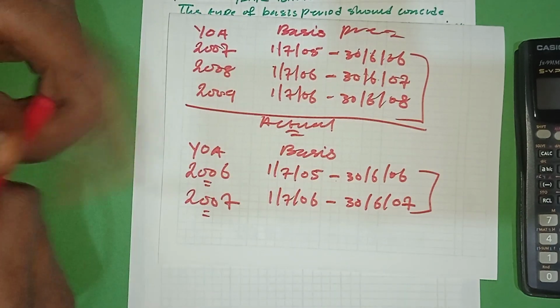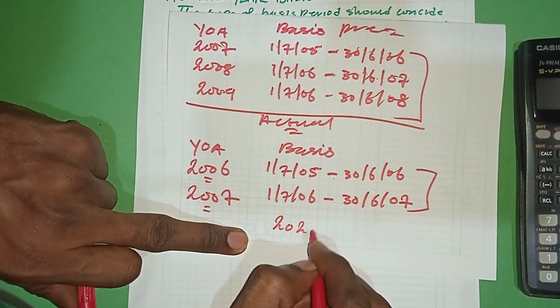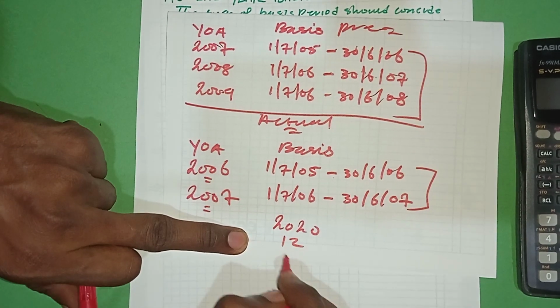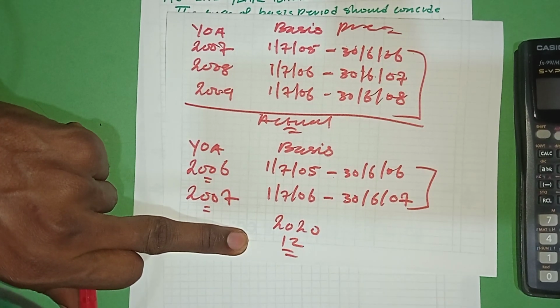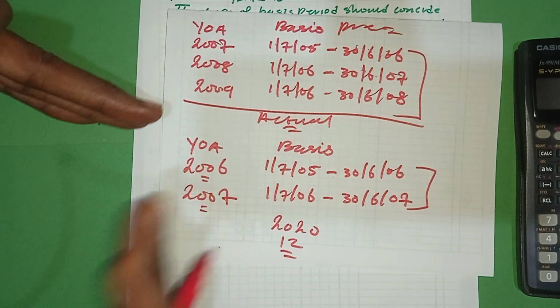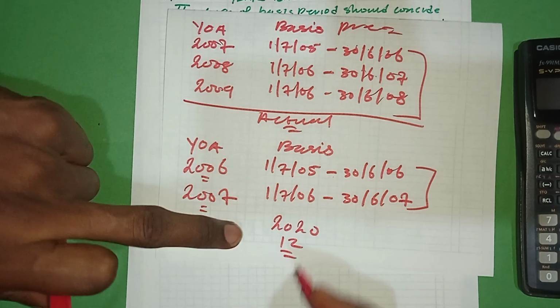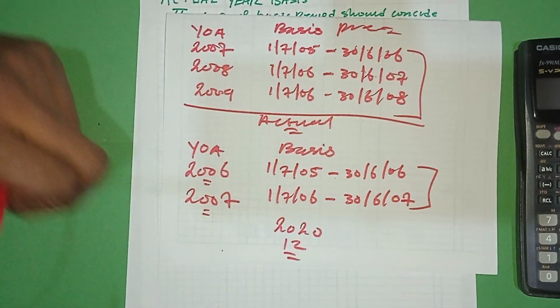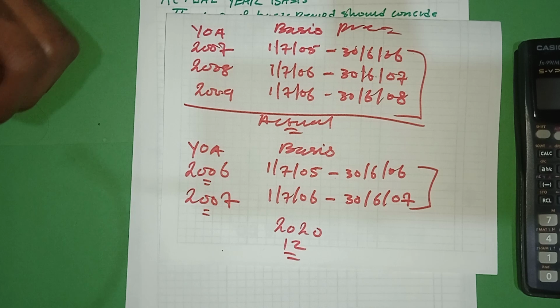The PAYE you paid every month, for example, in 2020 you have 12 months and you paid PAYE every month, but PAYE is paid after the end of the month. They pay it at the beginning of the next month, but it all falls into 2020. It's still assessed in the year 2020. That is why it follows actual year basis.